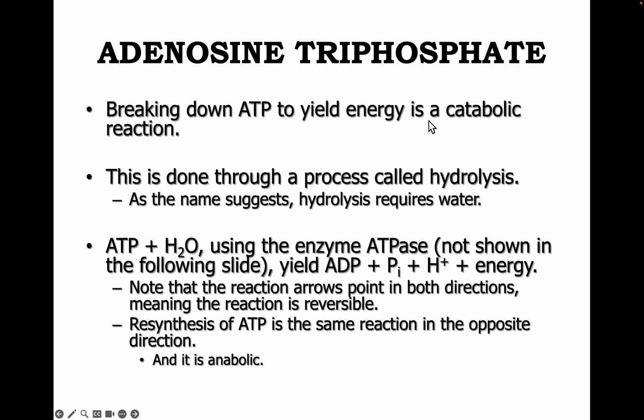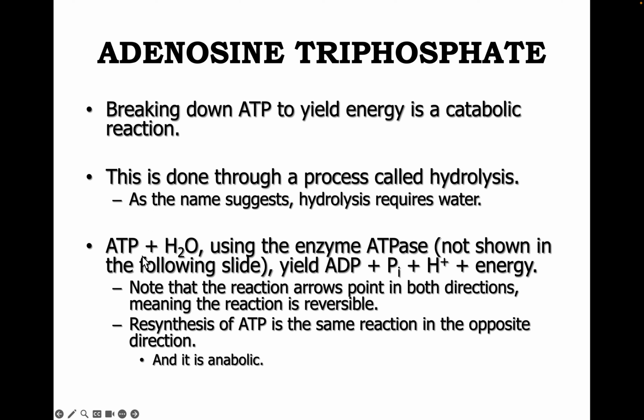And as we talked about previously, if you break down a larger molecule into smaller parts, that's considered to be a catabolic reaction. And the breakdown of ATP is done through a process called hydrolysis. We're not going to go into the nitty-gritty details of what hydrolysis is, but essentially, hydrolysis is the breakdown of a molecule in water.